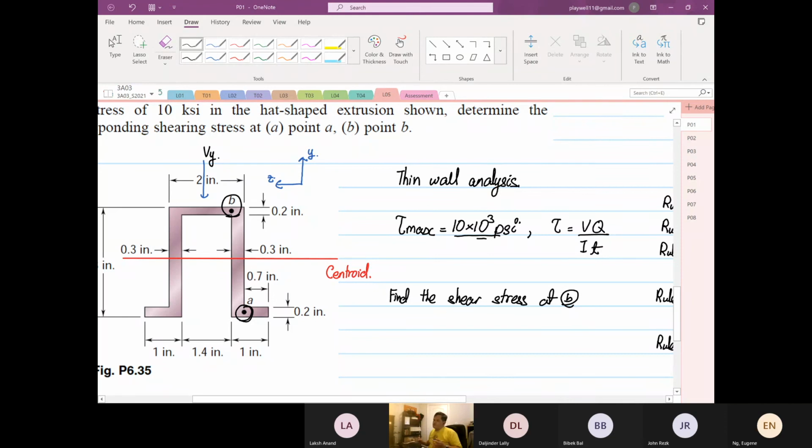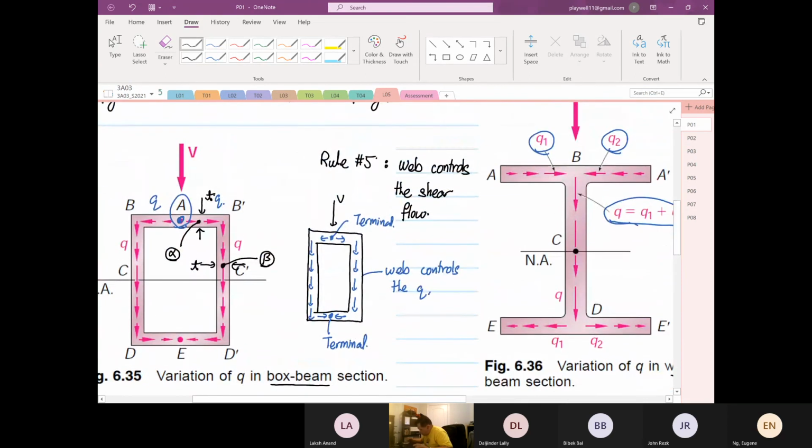Now I'm going to construct the Q, the shear flow. On this diagram, you can see the shear flow over here is longer than the shear flow near point A. Likewise for the white flange. Down here the arrow is bigger, down here the arrow is smaller.